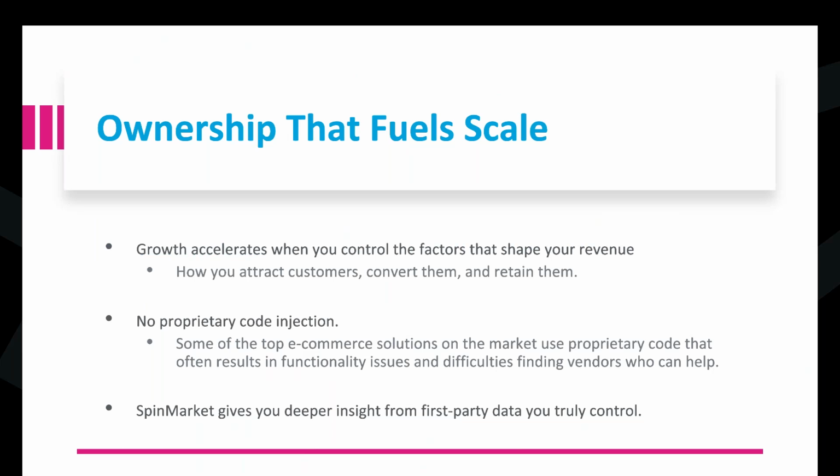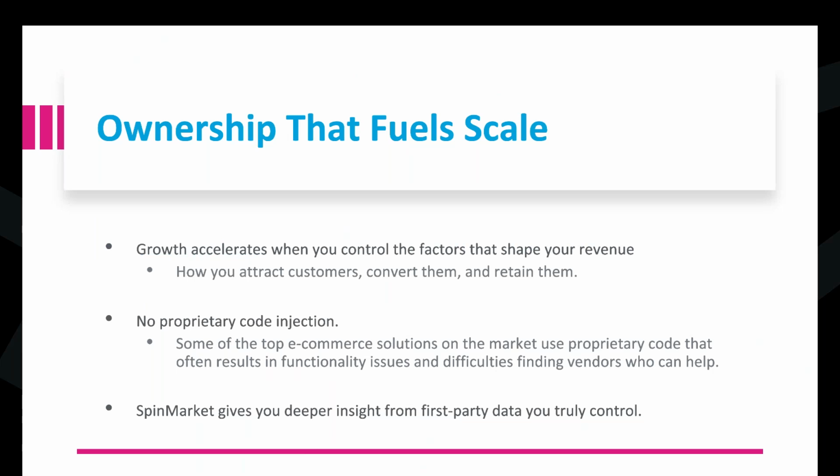One thing that is really important to call out is that with SpinMarket, we do not inject proprietary code into your site. A lot of platforms like Shopify and some of the other big names in the e-commerce industry do. And when this happens, it becomes extremely hard to move away from that system later, and even harder to find qualified partners who can safely work on your site.